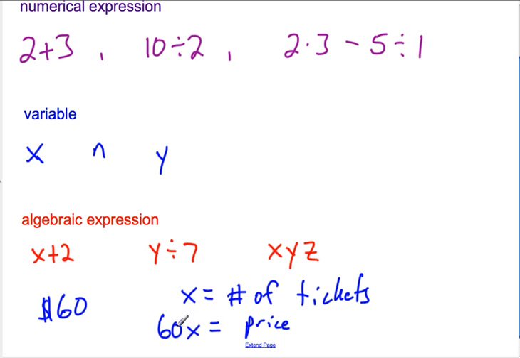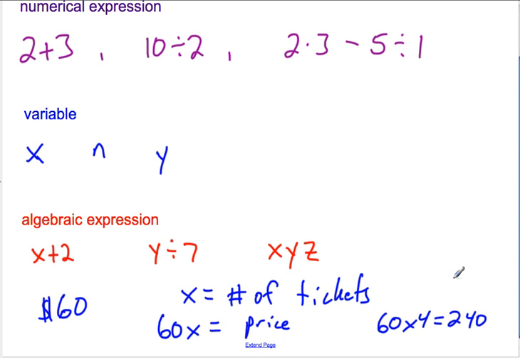But the basic understanding is that you're going to multiply the number of tickets times the price. And so in the program, it's going to say 60 times x. Now when the user comes in and types in how many tickets he wants or she wants, so 4 tickets, then the computer says, 60 times 4 equals $240, and then you have to pay that with a credit card.